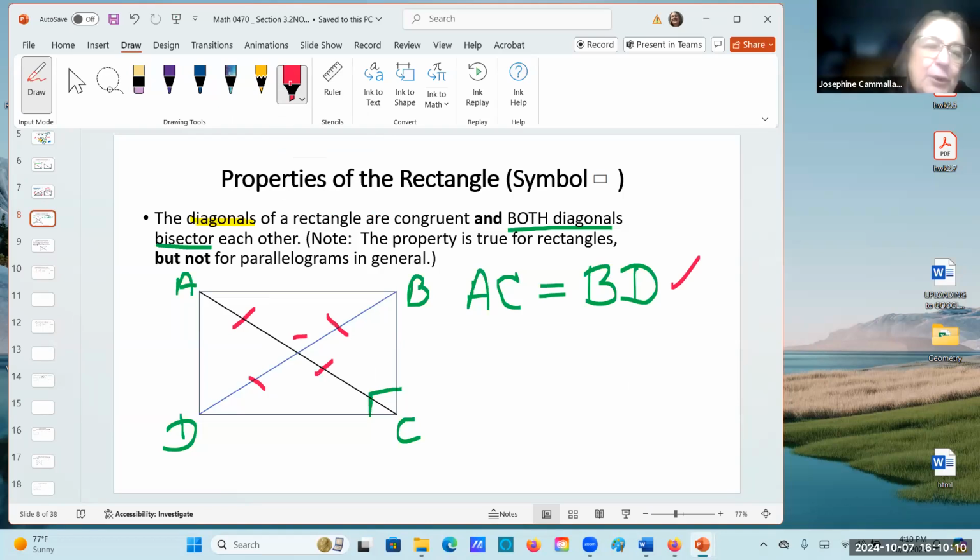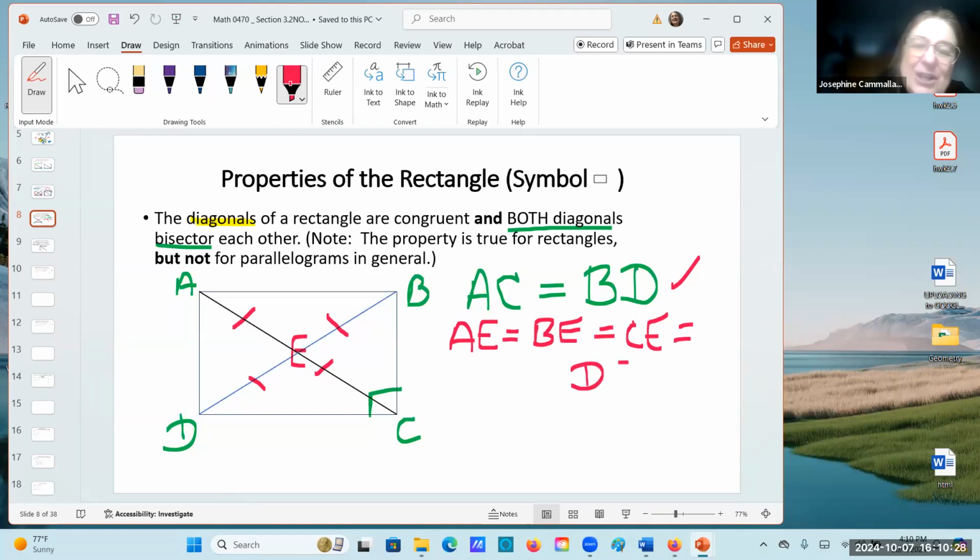So that means if I put this letter as E, A to E equals B to E, which equals C to E, which equals D to E. The diagonals bisect each other, but they're also equal.